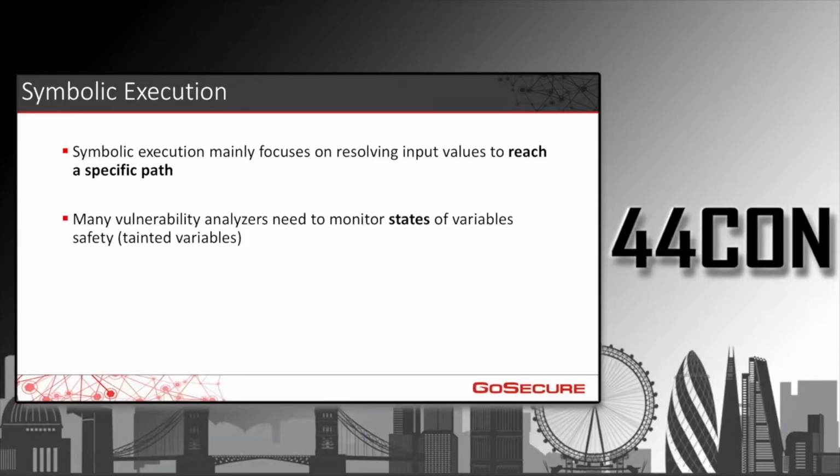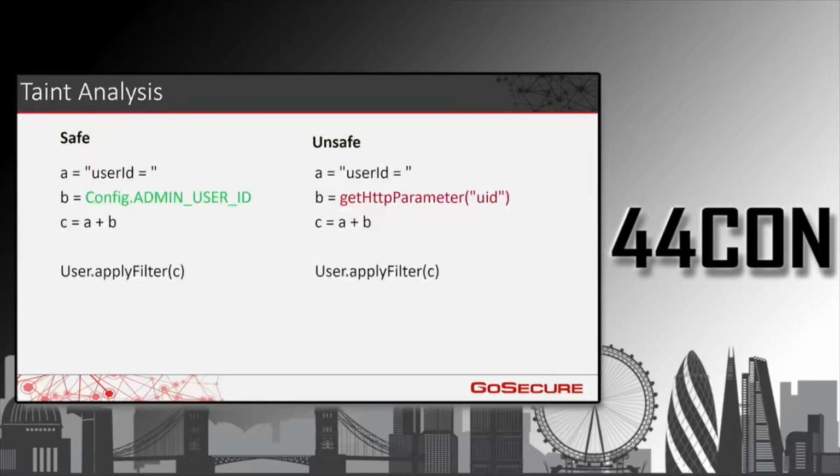One other thing that will affect any language is we're trying to look at the state of variables. So more than just their value, we're going to look for, is it safe or unsafe, or tainted or untainted. Here I have two code examples. The two things we're going to track with taint analysis are the sources. Are they safe sources or tainted if they come from user input? But also we're going to track their transformation.